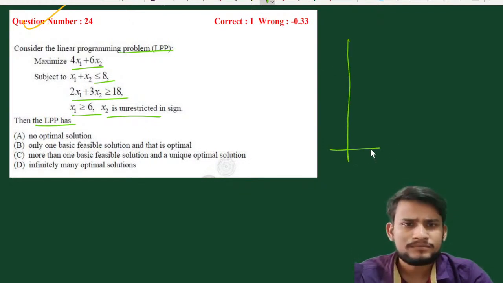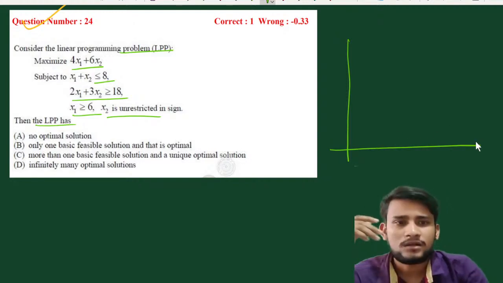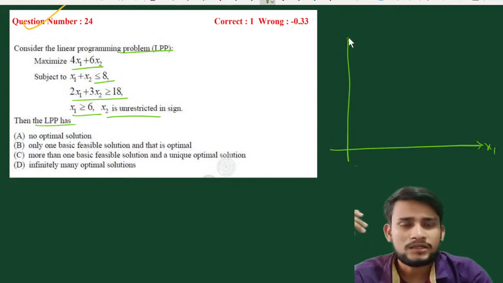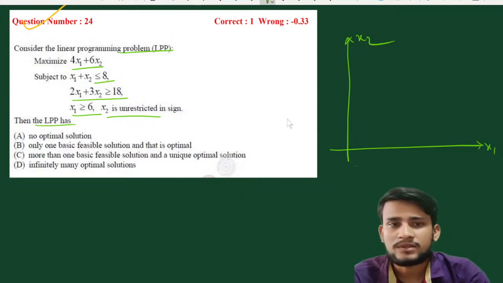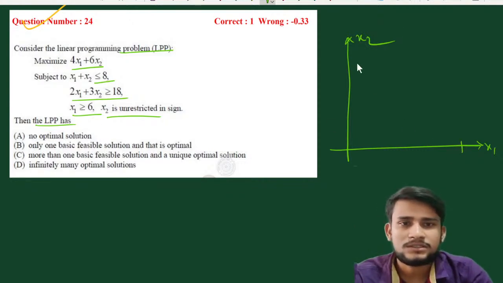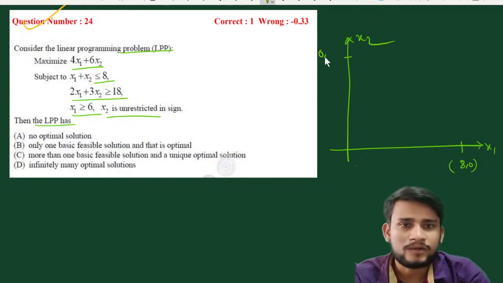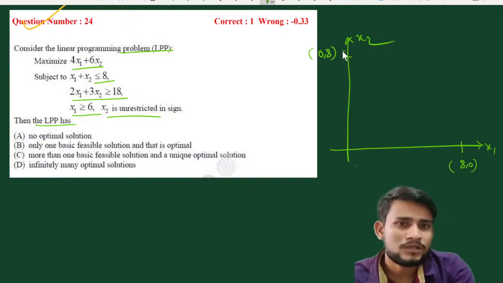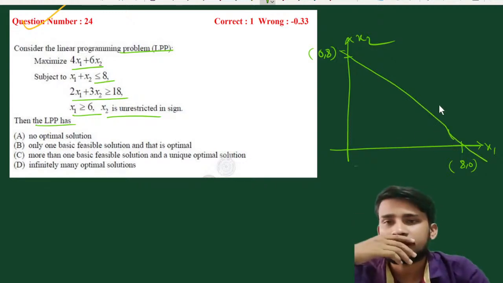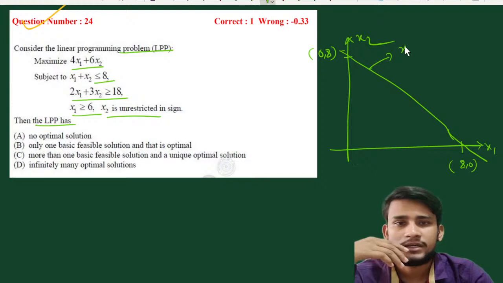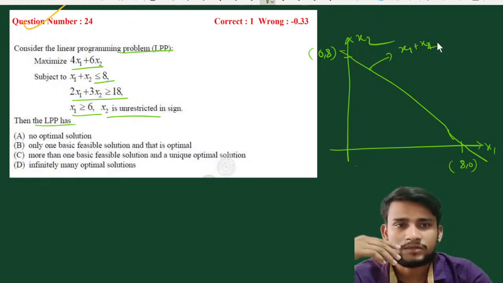Suppose this is the graph of x1 and x2. The first line is x1 plus x2 equal to 8, with the points (8, 0) and (0, 8).